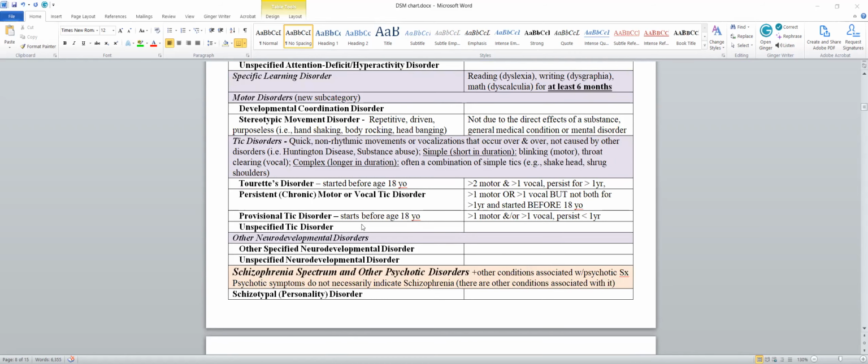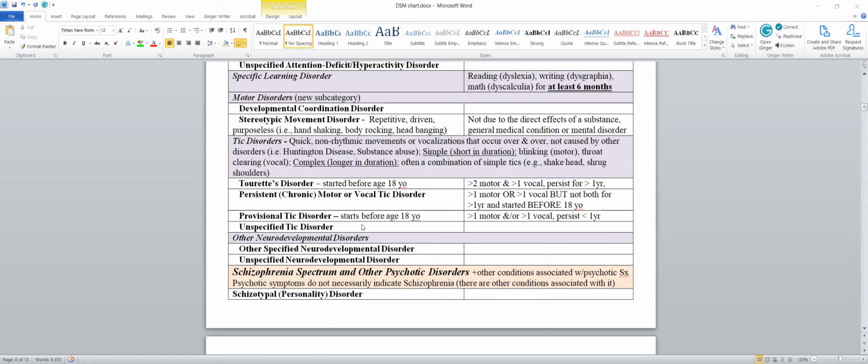There are simple and complex. Simple is short in duration, such as blinking, which is motor, throat clearing, which is vocal. Complex is longer in duration, often a combination of simple tics, for example, shaking head and shrugging shoulders.